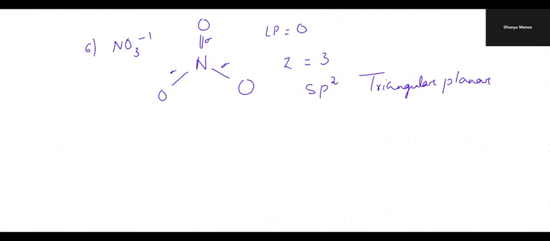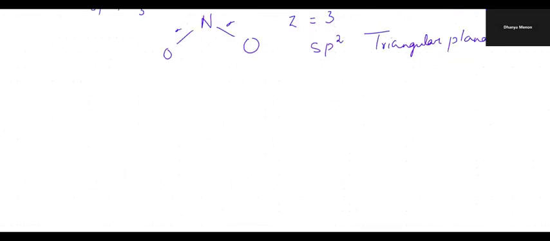Then I have phosphorus in phosphate ion. Suppose this is the structure.